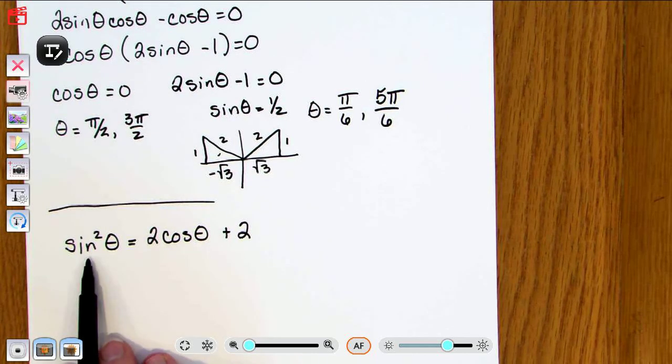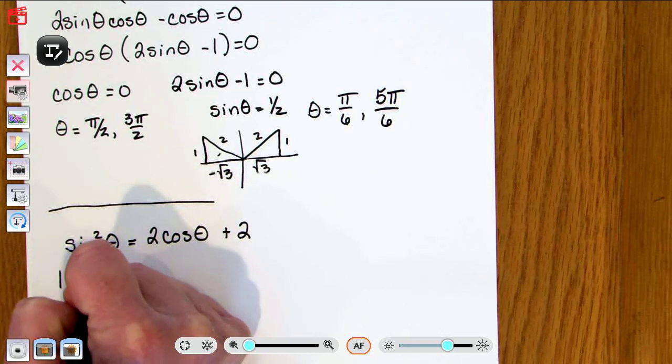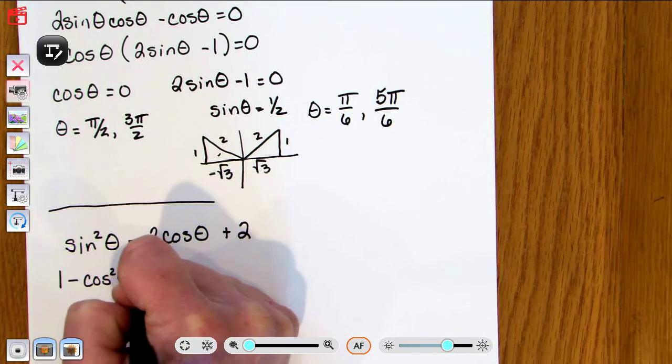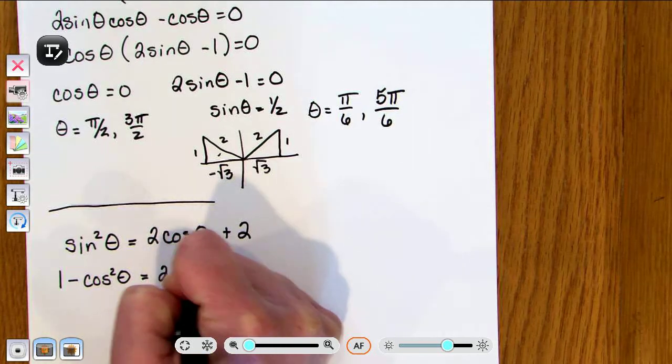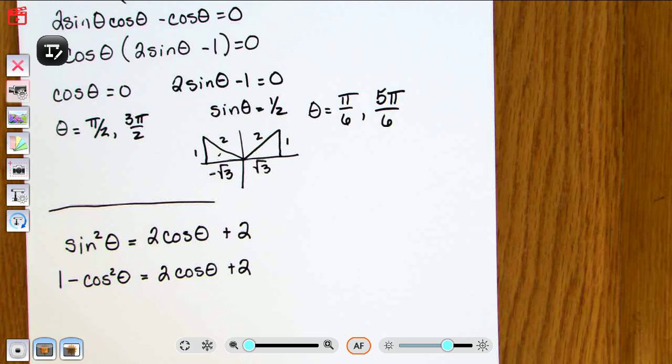So the first thing I'm going to do is change the sine squared to 1 minus cosine squared. Again, that comes from our Pythagorean identity, and we're solving it for sine squared. So sine squared is 1 minus cosine squared.